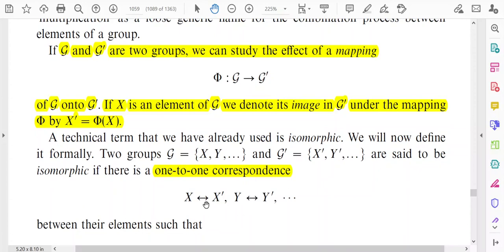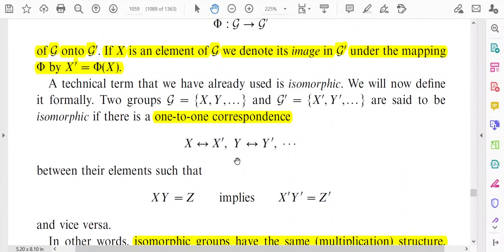For example, X corresponds to X prime, and similarly the element Y in G corresponds to Y prime in G prime. This correspondence is one-to-one, that is, between one element of G and one element of G prime. That is why it is called one-to-one correspondence.